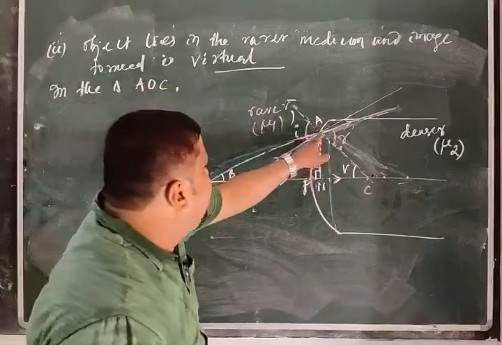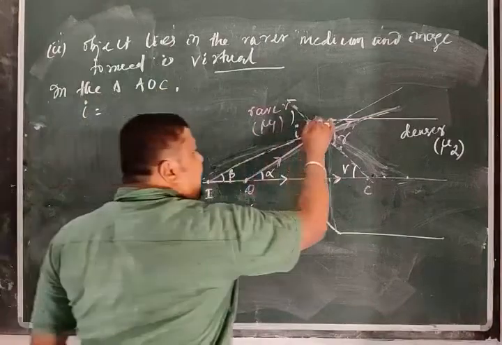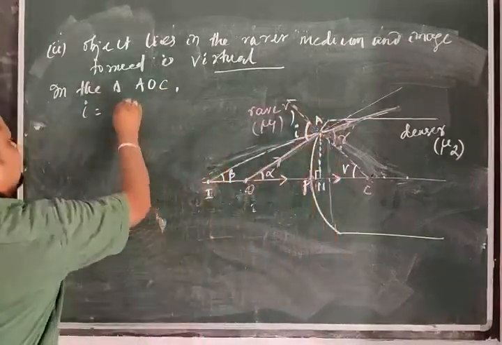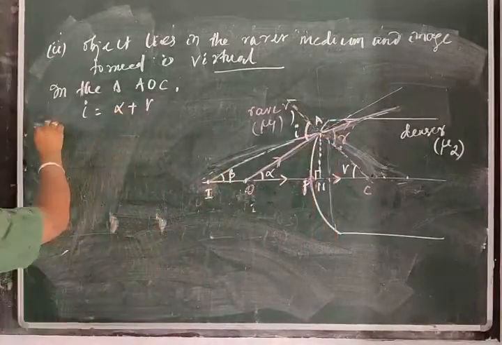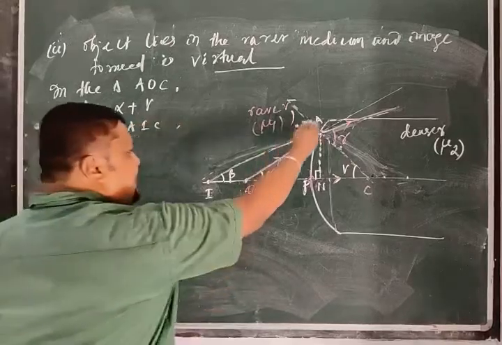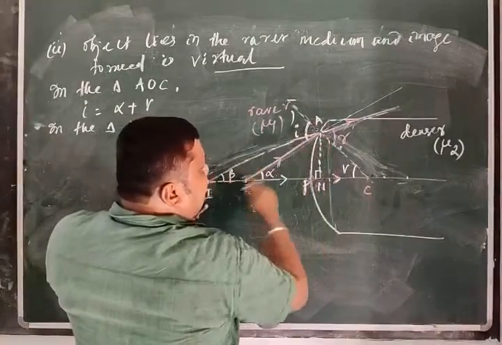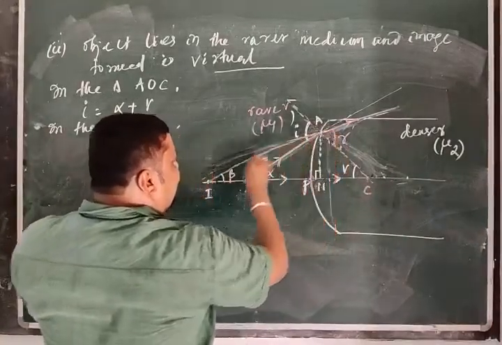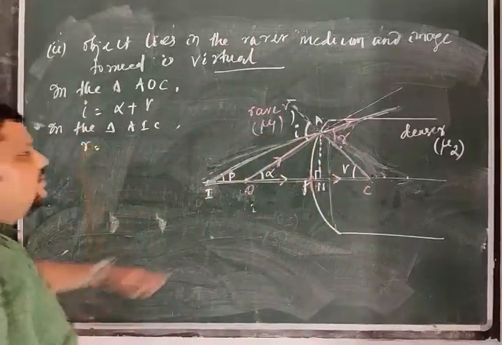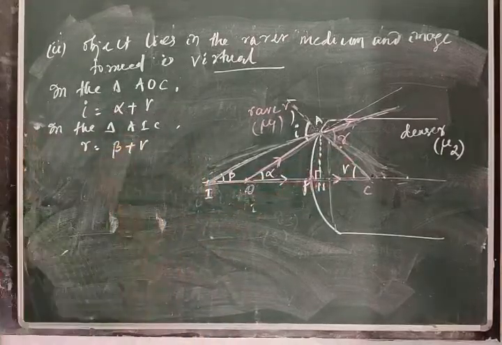In triangle AOC, i is the exterior angle, so i is equal to alpha plus gamma. In triangle AIC, r is the exterior angle, so r is equal to beta plus gamma.